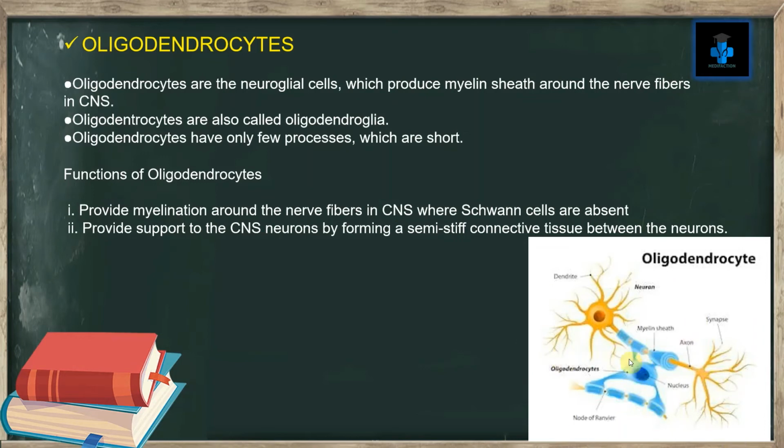This right here is the oligodendrocyte attached with an axon. Functions of oligodendrocytes. They provide myelination around the nerve fibers in the central nervous system where Schwann cells are absent. They provide support to the central nervous system neurons by forming a semi-stiff connective tissue between the neurons.